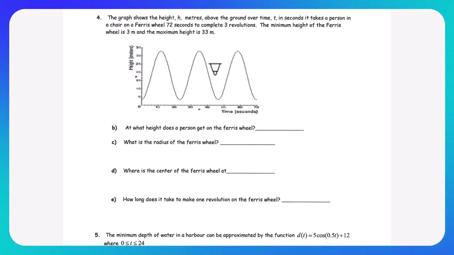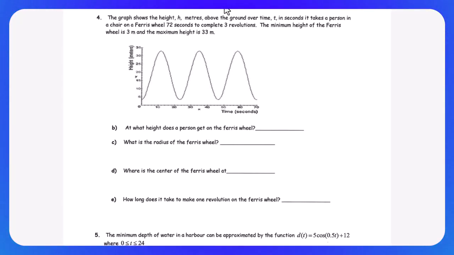It's really just indicating the height of a particular part of the Ferris wheel, like one of those little cages you get in, and it maps out how high it goes up and down over time. So in this particular graph, the height h is in meters above the ground, and over time t in seconds, it takes a person in a chair on a Ferris wheel 72 seconds to complete 3 revolutions.